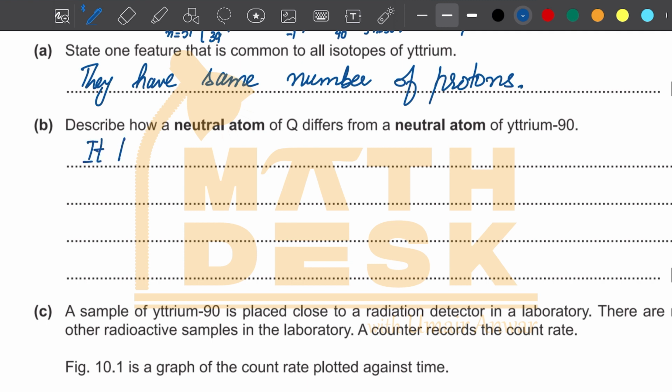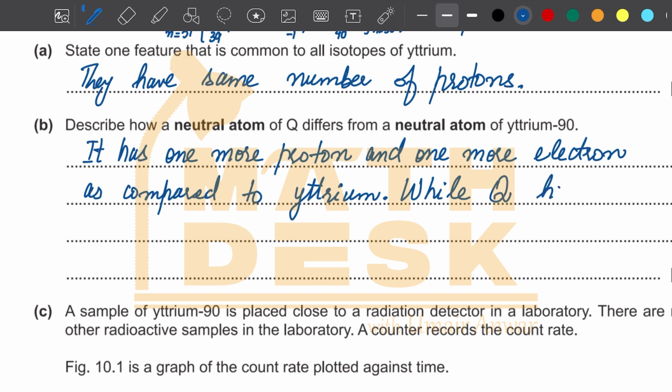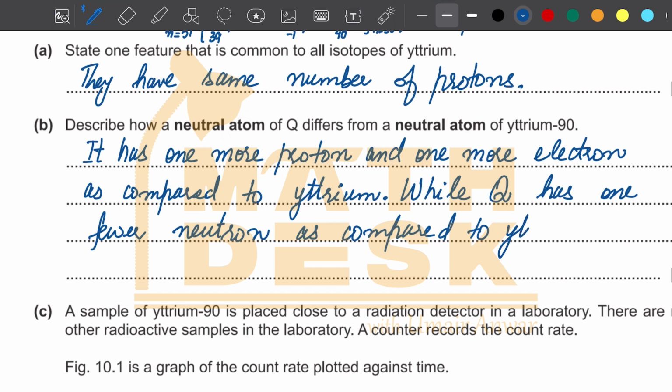The first thing is it has one more proton and one more electron as compared to yttrium, while Q has one fewer neutron as compared to yttrium.